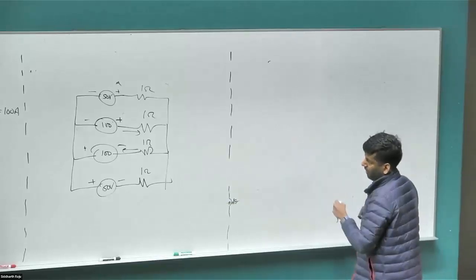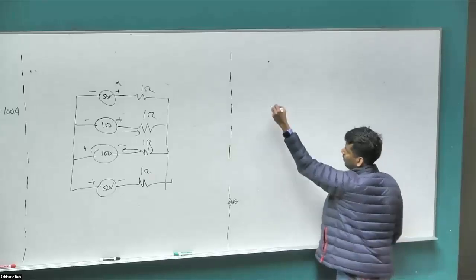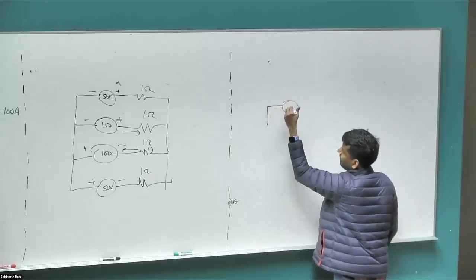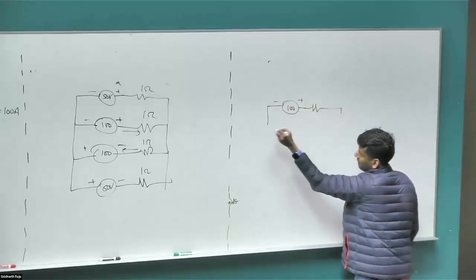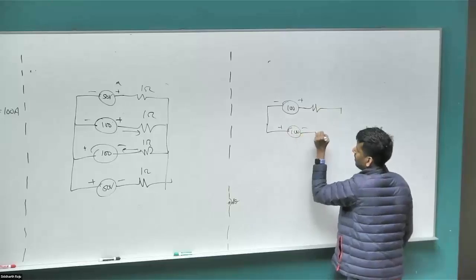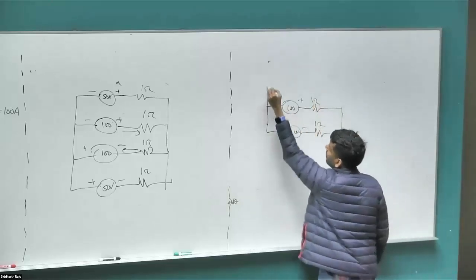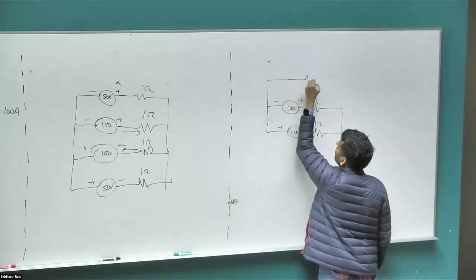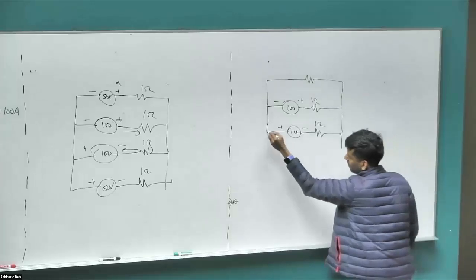Instead of breaking them into again a bunch of four separate circuits and solving it, you can do one better. I can break them down into a set of 2 voltage sources and the other 2 voltage sources shorted out. 100, 1 ohm, 1 ohm, and then this in essence shorted out.